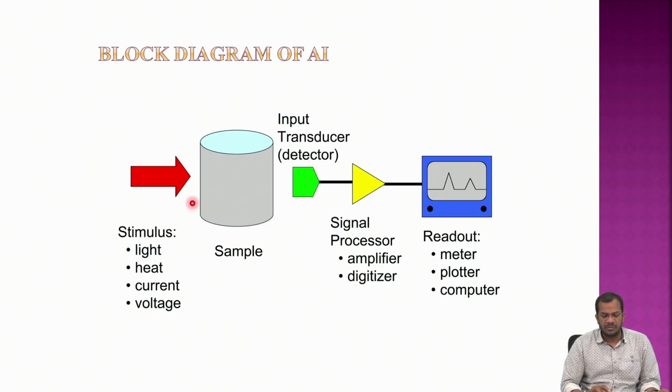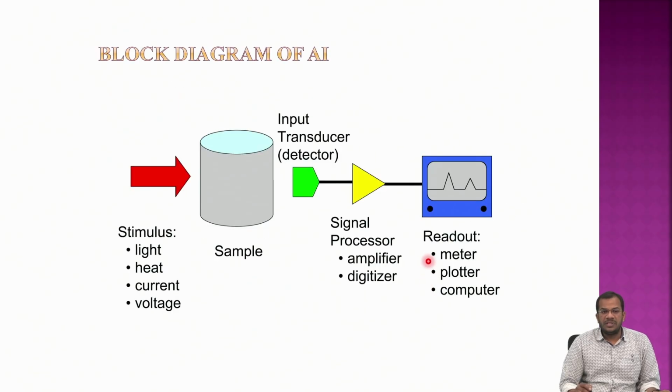This is called the characteristic module, and this part is called the processing module. Whatever output you are getting from the sample is processed using an amplifier, analog to digital converter, and digital, and that is seen in the readout. That is, it may be in the form of an analog value, or a digital one, that is meter, plotter, or computer.